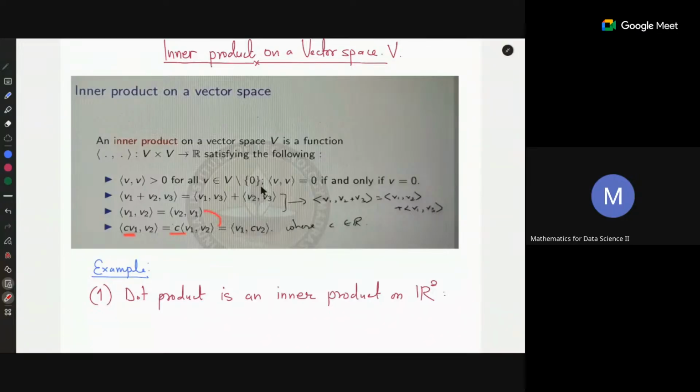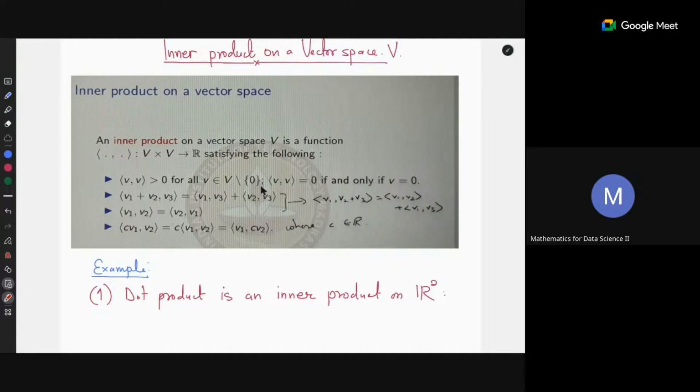By using the symmetric property, you can take the scalar out from the second coordinate also, and you can prove that the inner product is linear in the second coordinate too. So in other words, the inner product of two vectors is linear in both coordinates, and it is symmetric.